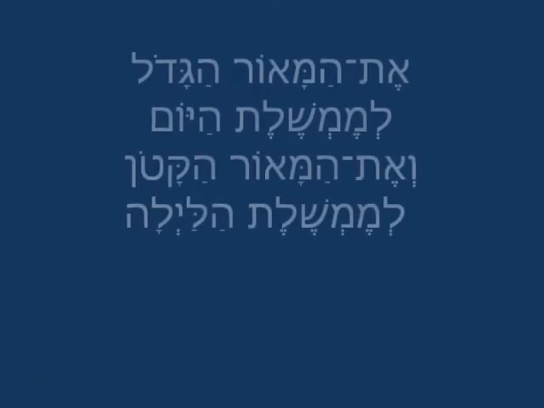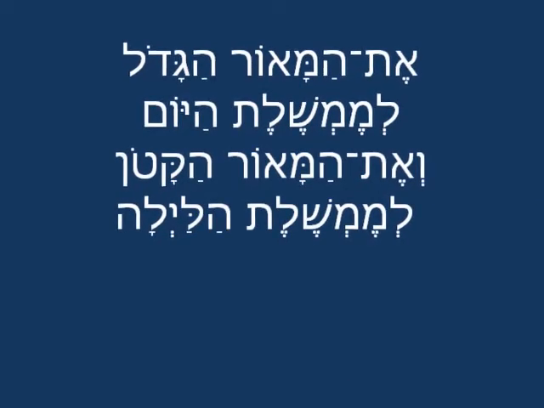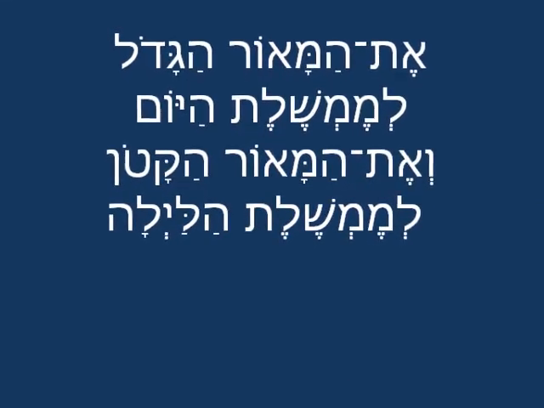We also want to remember that whenever you have a definite article on a noun, the adjective that follows it will also have a definite article. So when we look in verse 16, we see that Yahweh is creating the two lights, the great light and the small light.